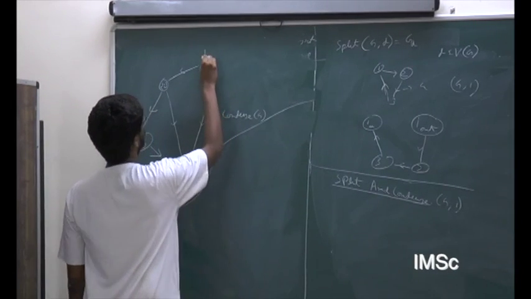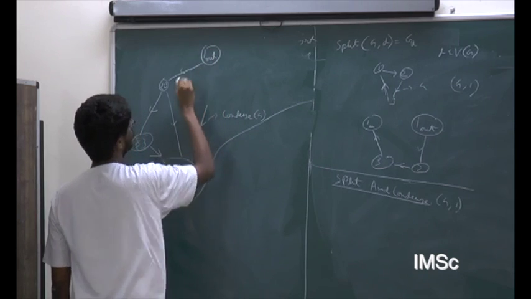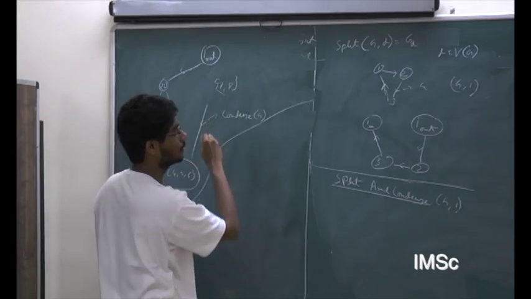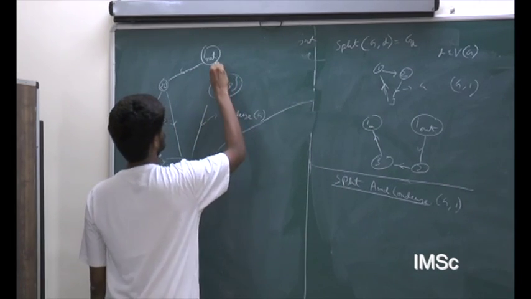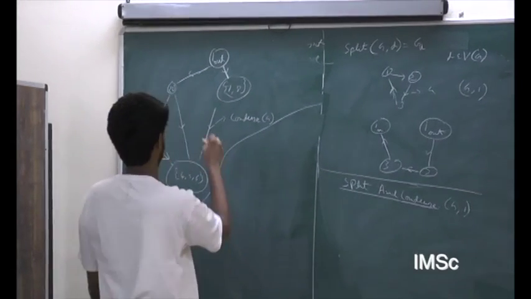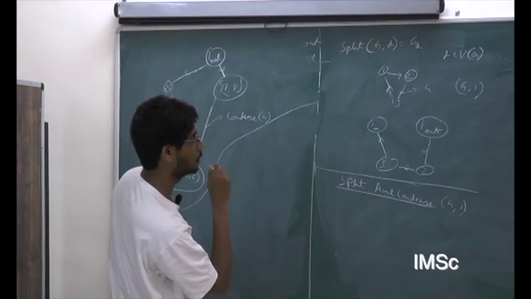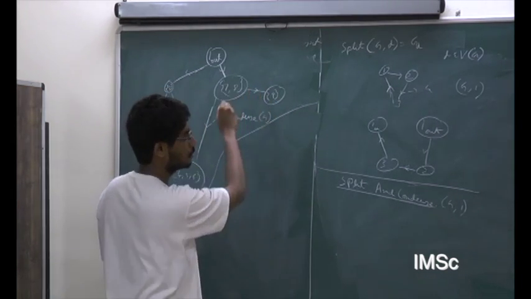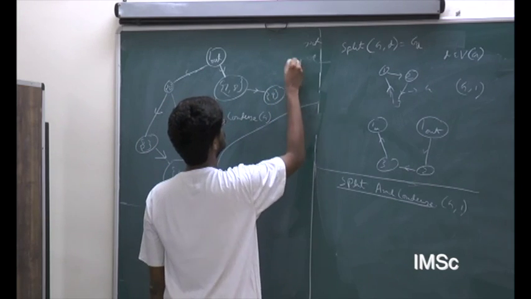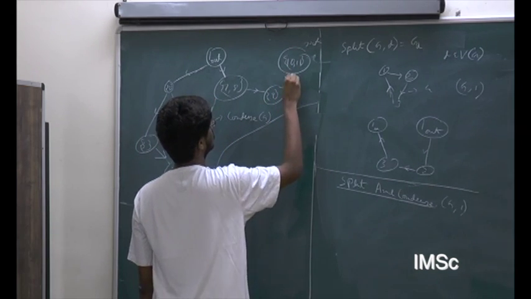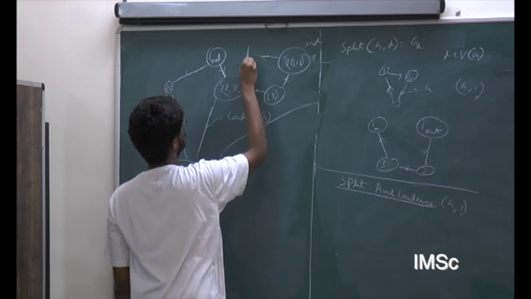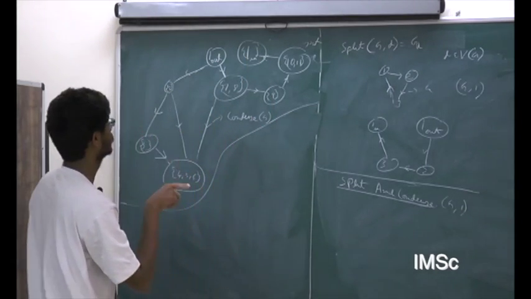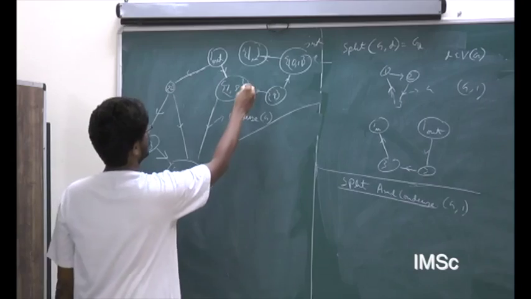And we have 1 out, goes to here, 7, 8. 7, 8 to 4, 9, 10, 11. 7, 8 to 10 also.